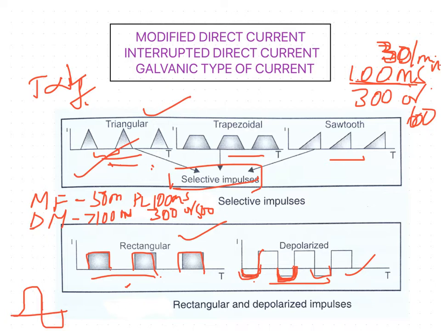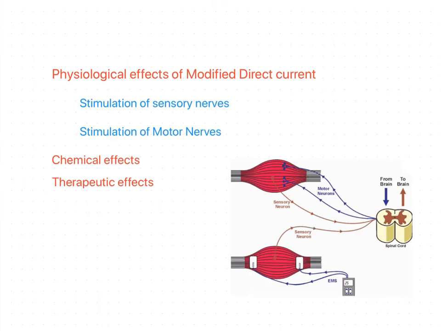We are not considering the motor point for denervated muscles. So the current is usually most successfully applied in the long axis of the muscle fibers, that is, with the stimulating electrodes at each end of the muscle belly.